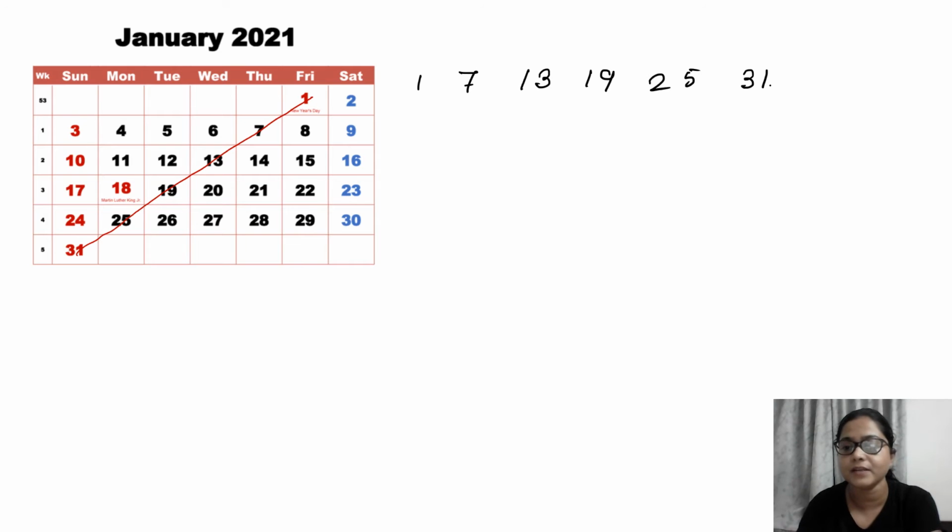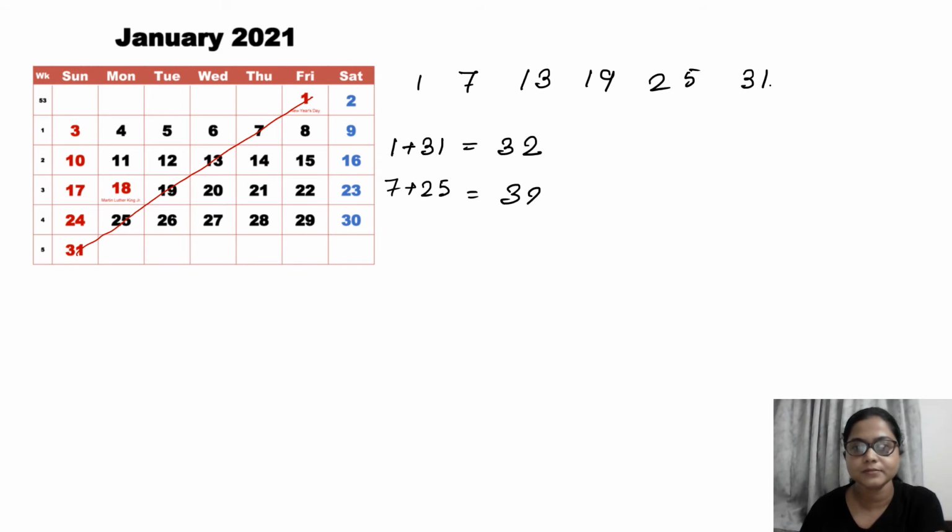See, we have an even number of numbers in this sequence, so obviously we will not get the mean by observing the numbers. First we need to find the sum. We get equal sums for equally positioned numbers. For example, 1 plus 31 is 32, 7 plus 25 is again 32, and 13 plus 19 is 32.